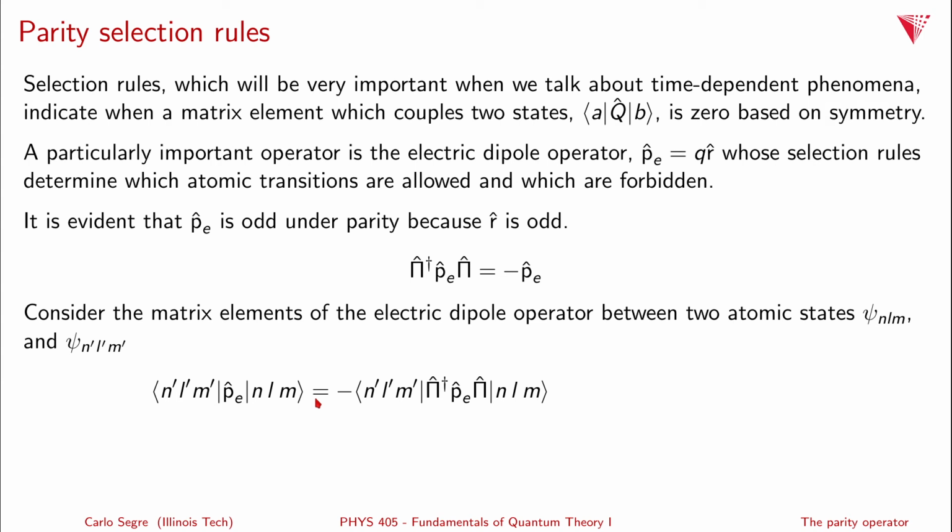Well, we know that if we transform this operator P sub E by putting pi dagger and pi around it, you get minus P sub E. And so I know that this is going to be equal to the negative of the matrix element of n prime, l prime, m prime, and n, l, m, of pi dagger P sub E pi, because these two are equal.